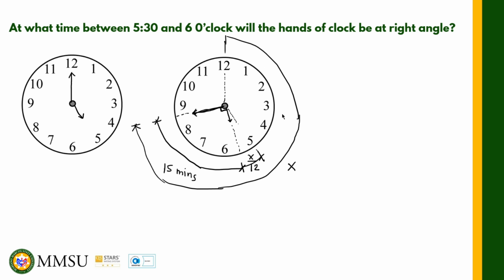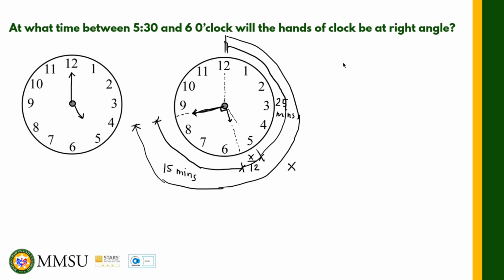And we know the number of minutes between the 12 mark and the 5 mark is dito hanggang dito. This is 25 minutes. Tama? So, from 12 to 5 is 25 minutes. So, based from our figure dito, makakabuo na tayo ng equation. Because if we get the sum of the 25 minutes, the x over 12, and the 15 minutes, it's equal to the x number of minutes traveled by the minute hand.